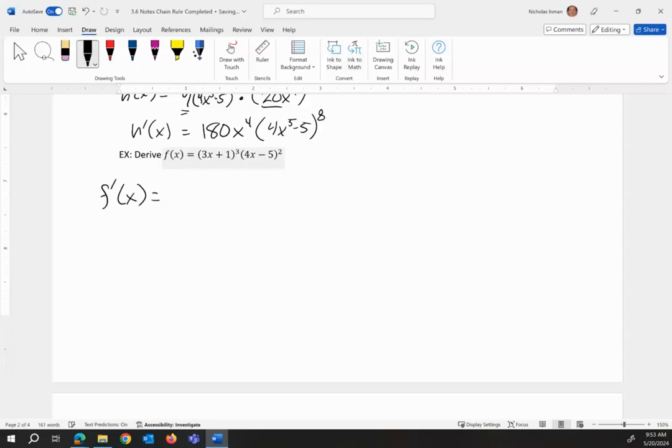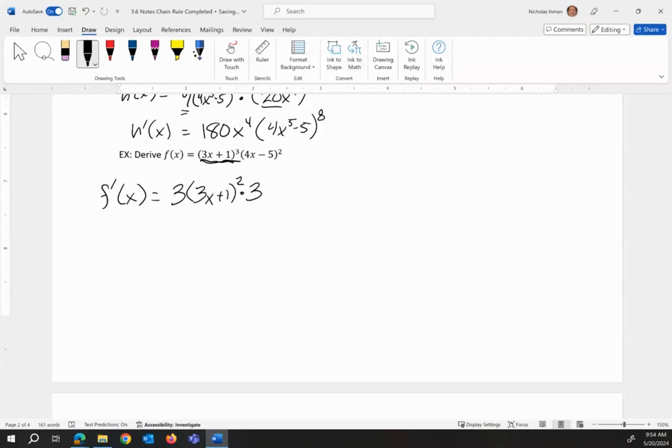All right, the product rule said take the derivative of the first thing. Well, the first thing is something inside of a power, so it would be 3, and then 3x plus 1, and that would be to the second power. All right, move the 3 in front, reduce by 1. But then we have to chain on the derivative of the inside, derivative of 3x plus 1. That's just a power rule. That would be a 3.